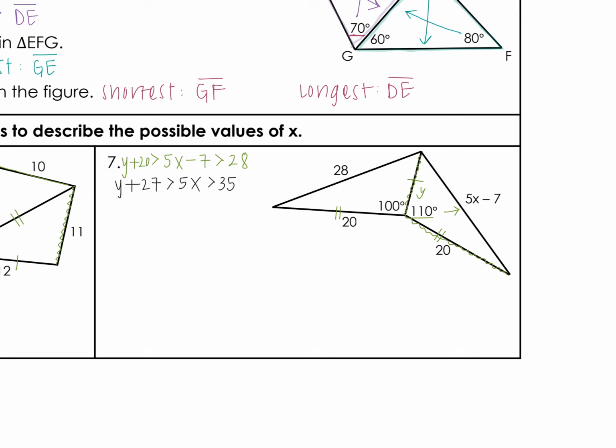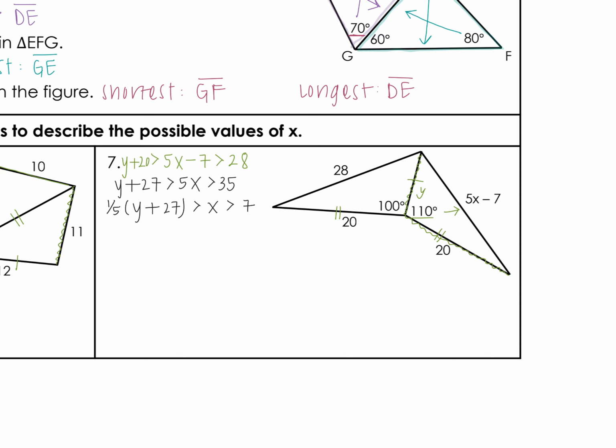And then I'm going to divide everything by 5. So over here, I'm going to go ahead and just leave it as 1/5 y plus 27 is greater than my x, which is going to be greater than 7.